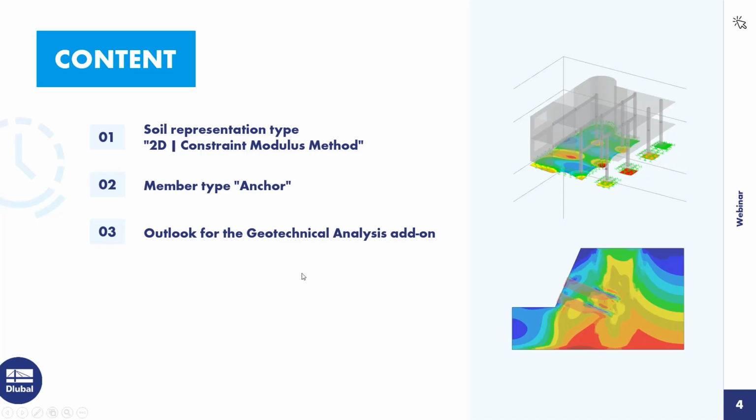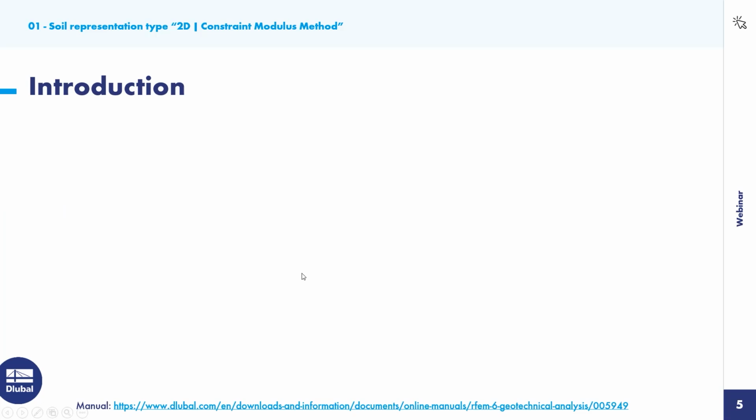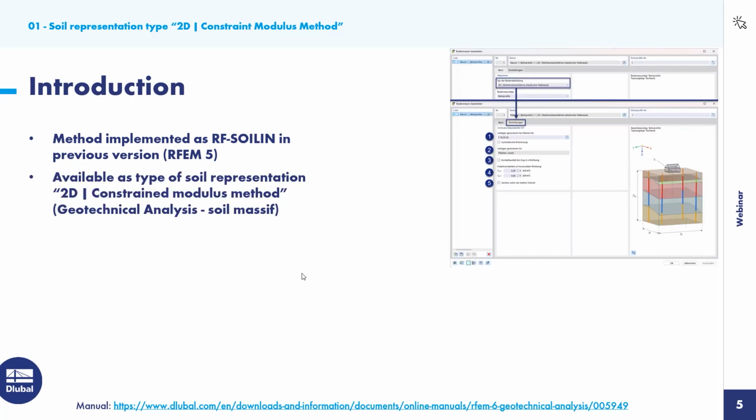So now we start with the new 2D constraint modulus method. This was a former version of RFEM 5 implemented as RF-SOILIN. Now it is available as a 2D constraint modulus method. Therefore, you have to activate the geotechnical analysis add-on and select a soil massive.